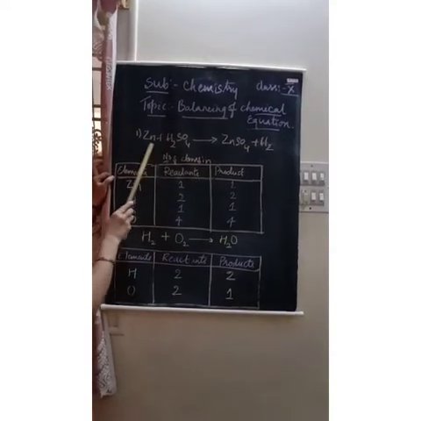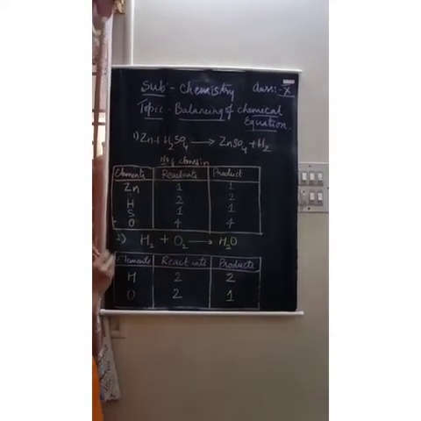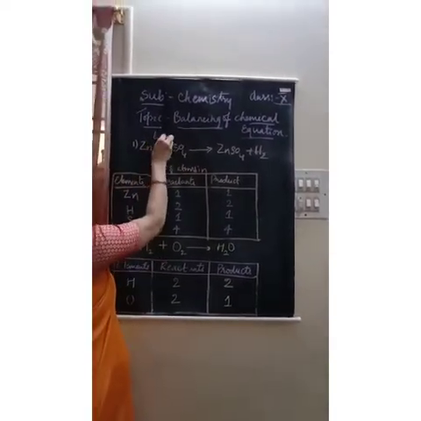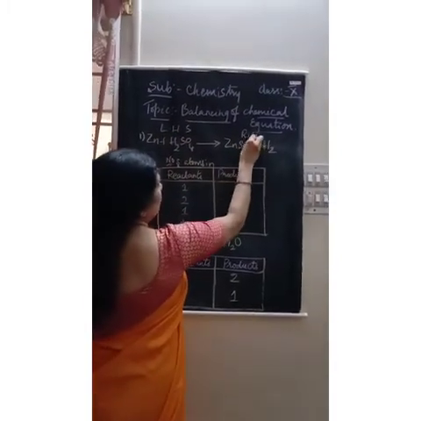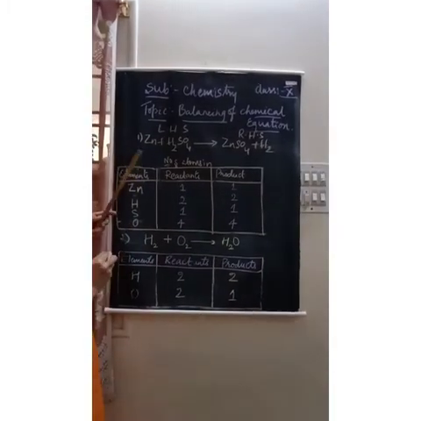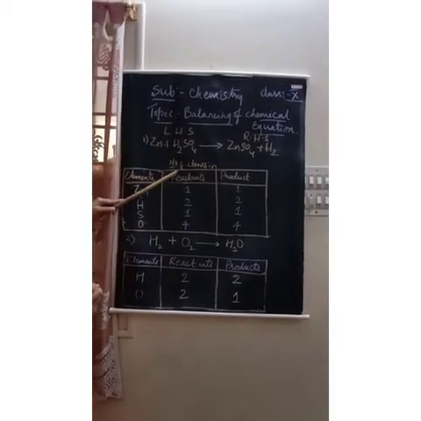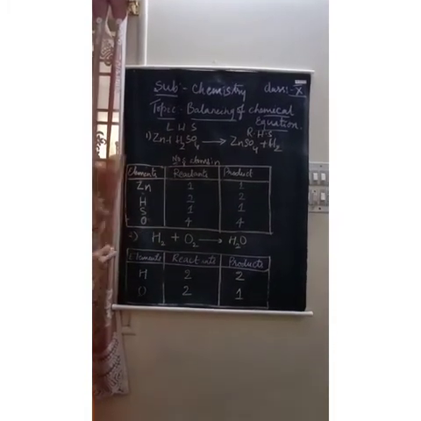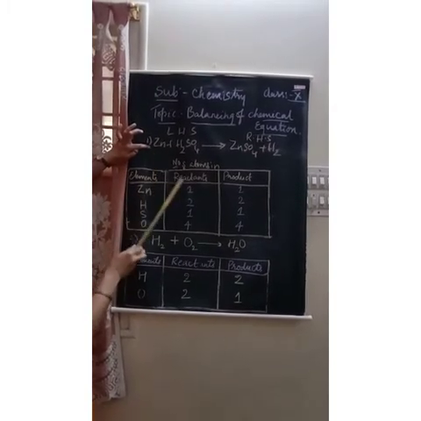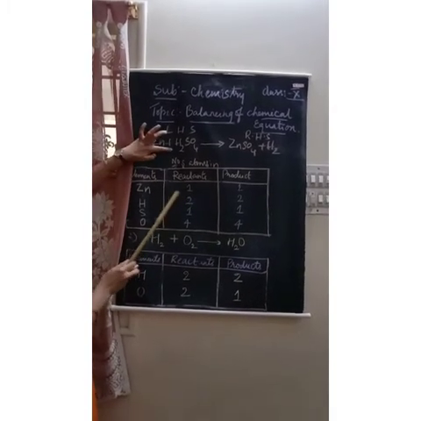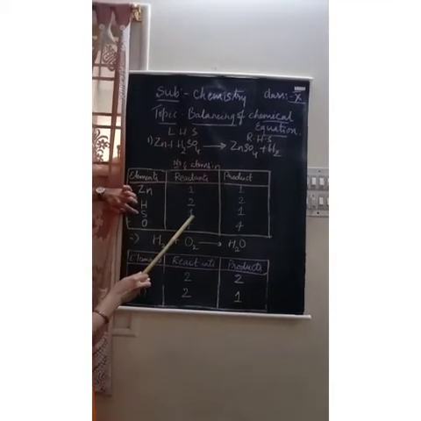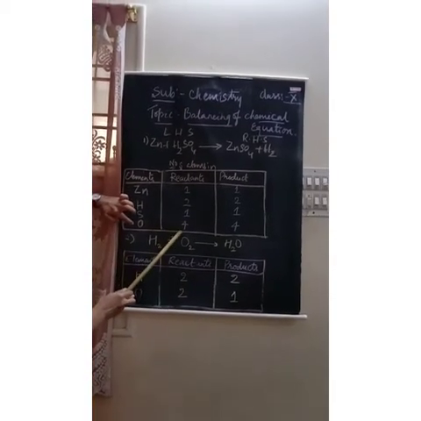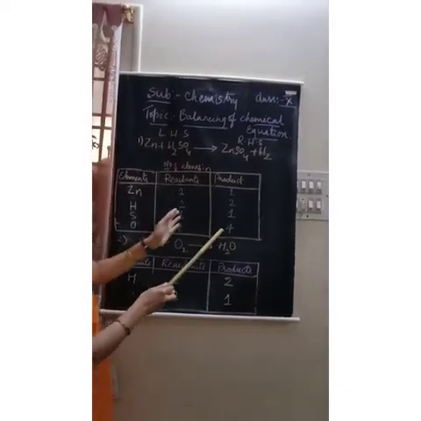You know the chemical equation consists of LHS, the reactants, left hand side, and this is RHS. So, the number of atoms present in the reactants. What is the number of atoms of zinc here? 1. Right. Hydrogen here? 2. What about sulfur? 1. What about oxygen? 4.